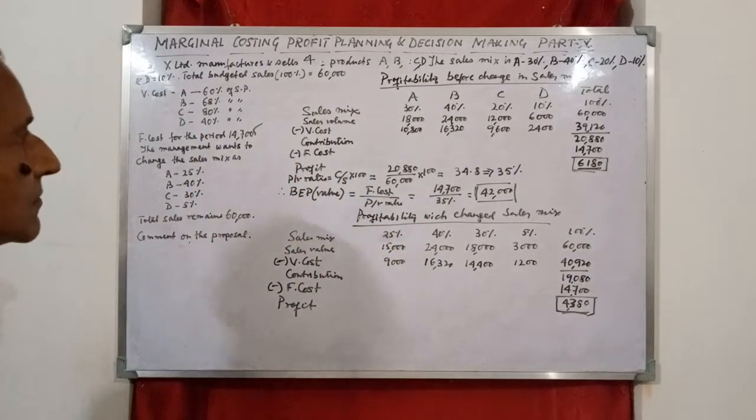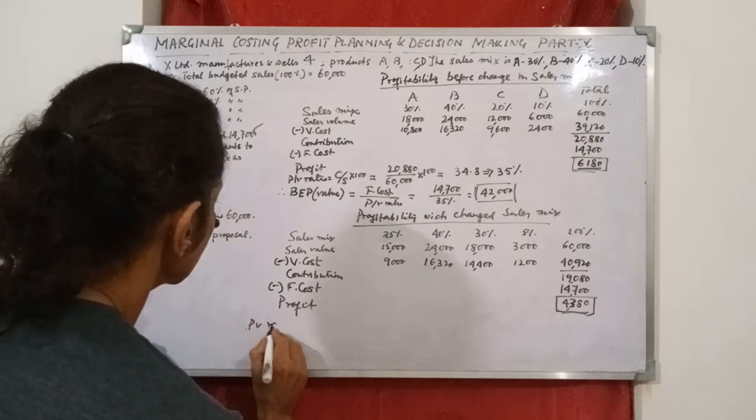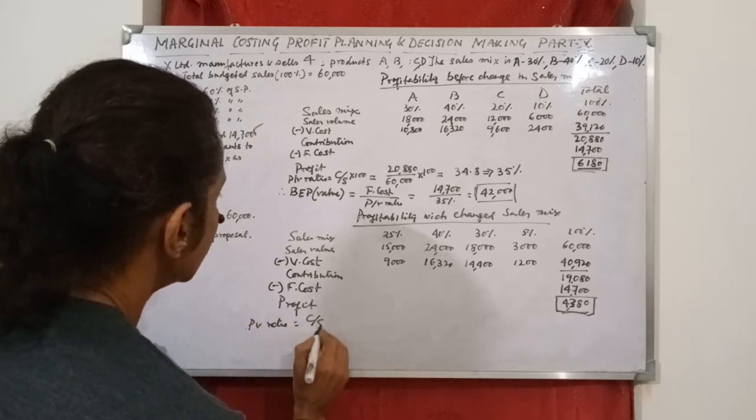Now you see what is the break-even point. PV ratio, contribution by sales into 100.